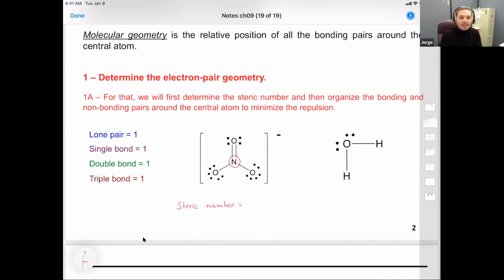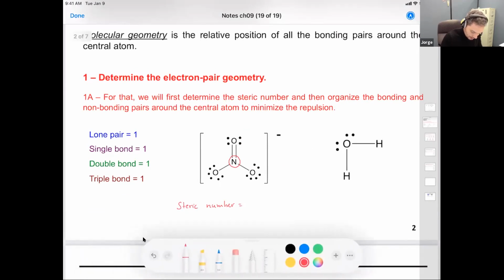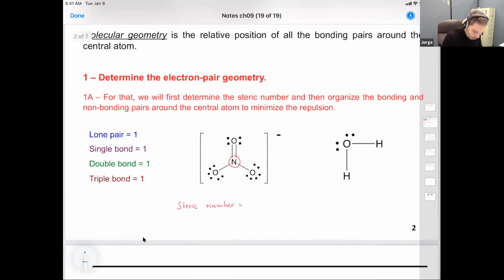To determine the steric number, we are going to count bonding and non-bonding pairs, and we will assign numbers to each of them. In this case, we have two single bonds. Each single bond is 1. So far we have 1 plus 1. And we have a double bond, which is assigned as 1 as well.